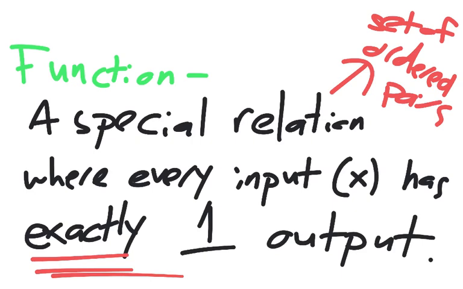Inputs can't have multiple outputs. Remember, the button could give me any drink it wanted. That didn't make it a function. It had to be consistent. It had to have the same output every time. Every input has exactly one output.